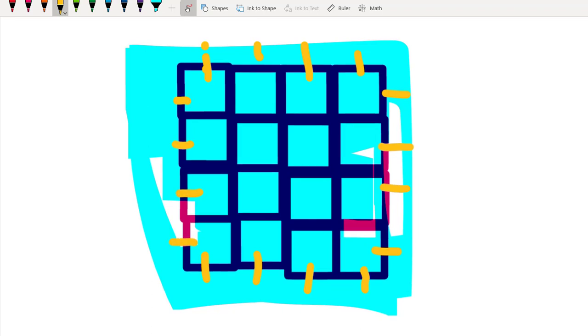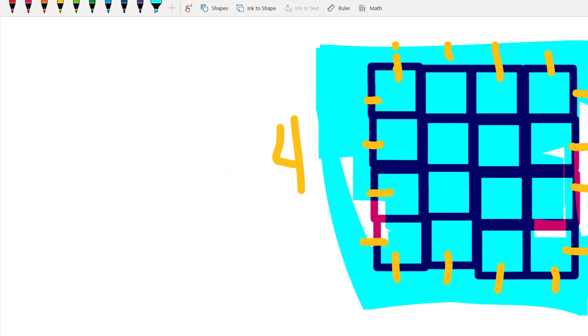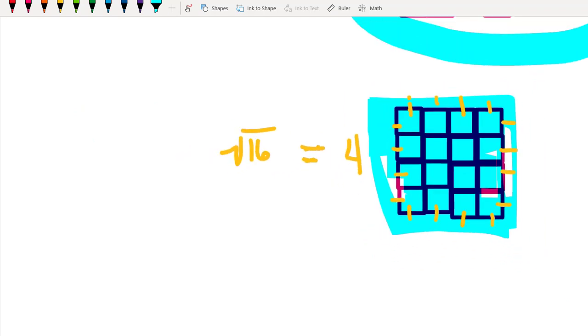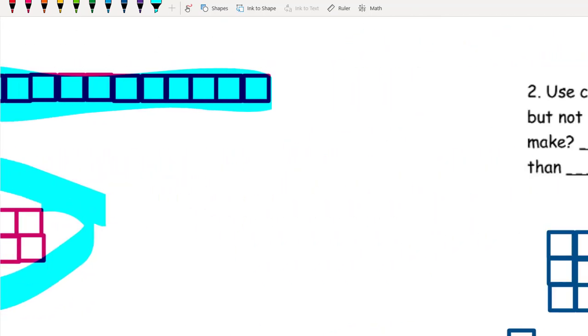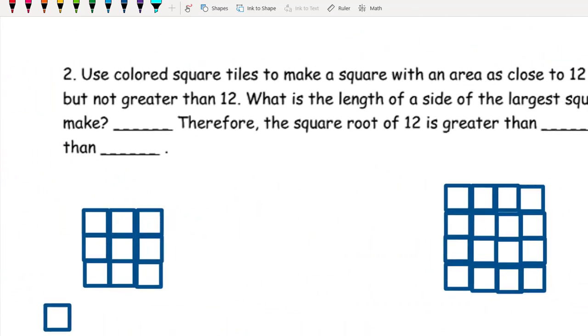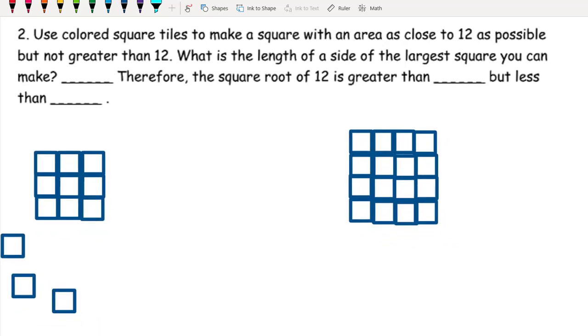Same length on all 4 sides. So 4 is the square root of 16. It's the length of one side. So we would write that as the square root of 16 is 4. Now that is not any new information yet, correct? We've done that.